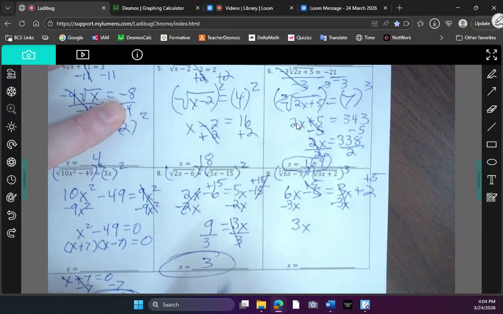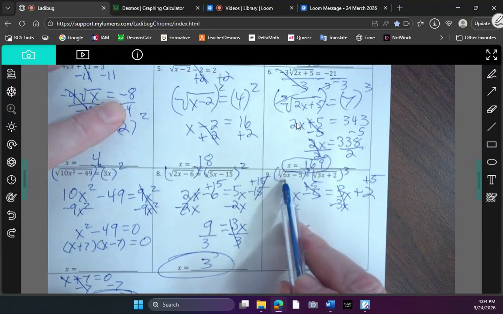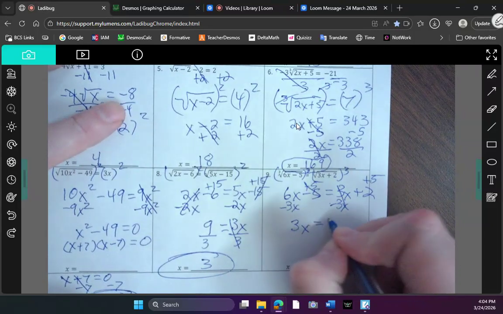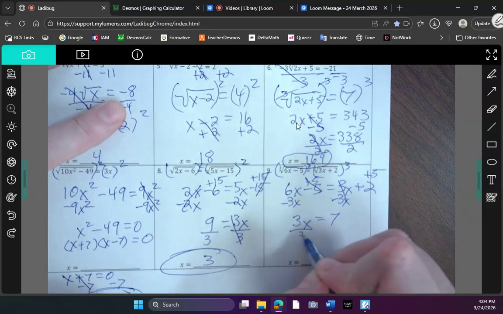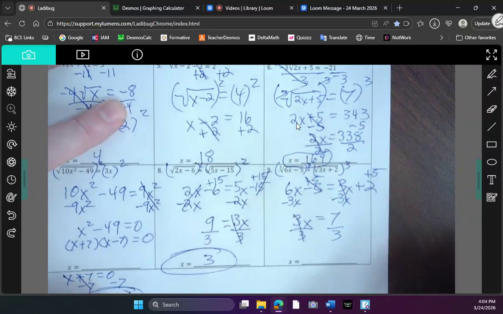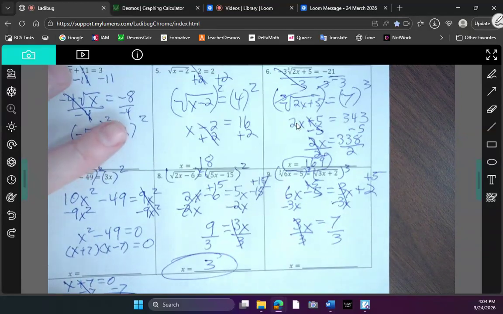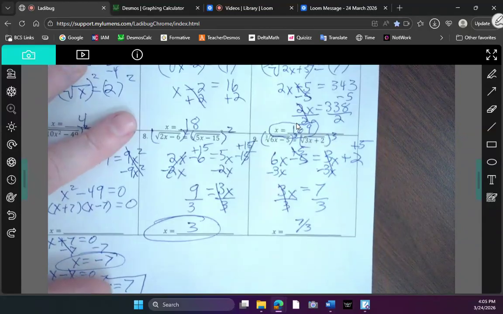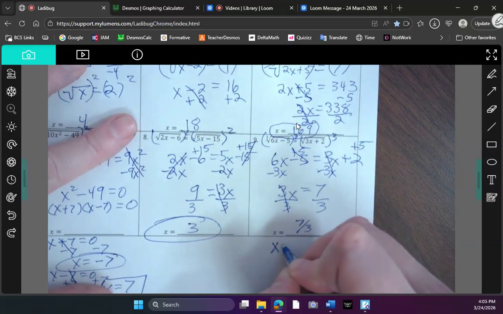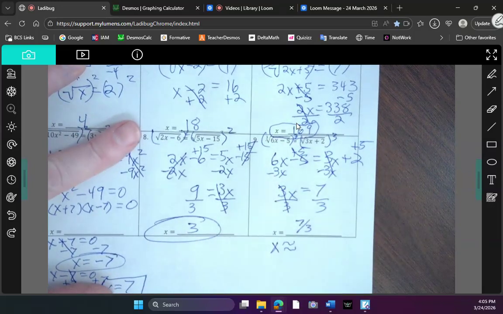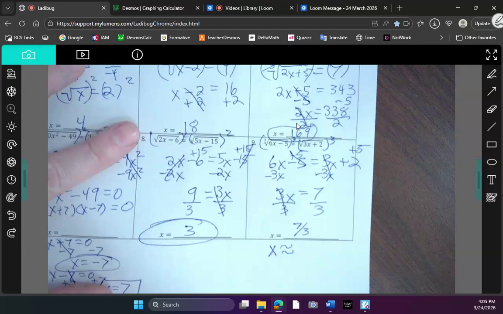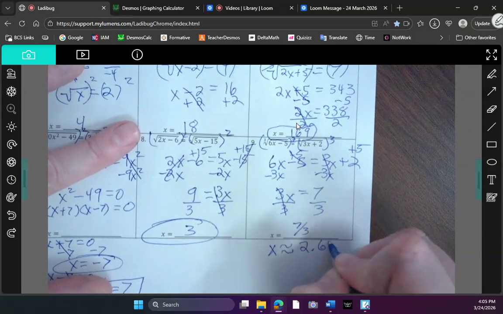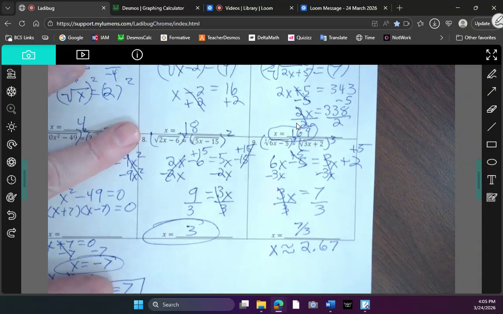That's going to cancel. I'll just double check here that I'm behaving correctly. Then we're going to divide by 3. And technically, you could leave that as a fraction, 7/3, or you could turn that into a decimal, which the squiggly equals means approximately, and it's everybody's favorite 2.67.